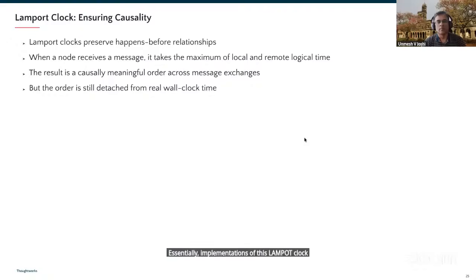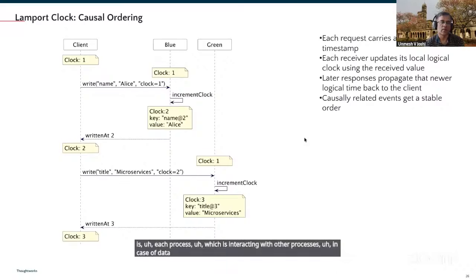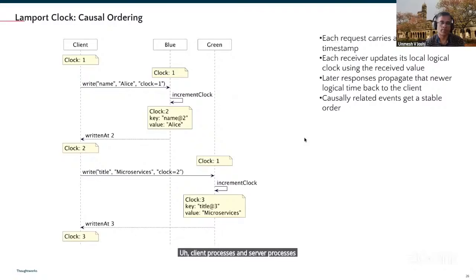clock. So how this works is each process which is interacting with other processes, in the case of data storage, will be client processes and server processes handling and firing read and write requests.